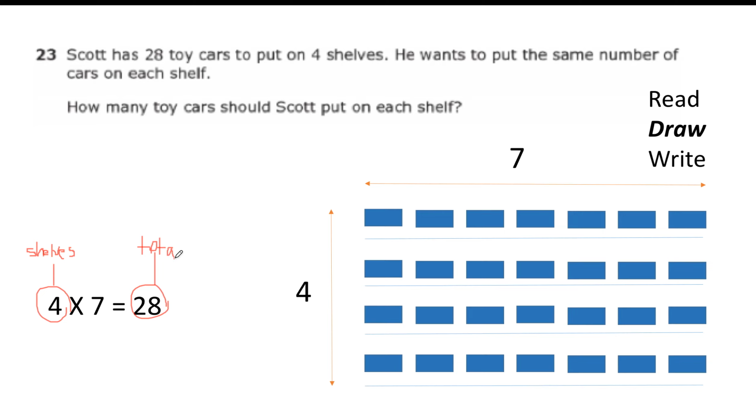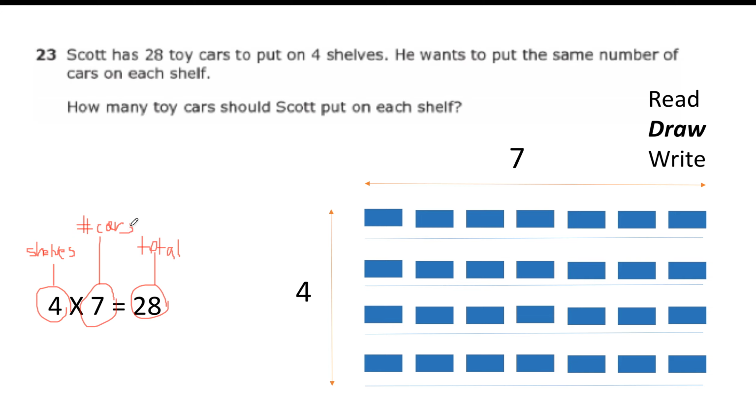So we know that this 7 is representing the number of cars on each shelf. I'm going to just write number of cars.